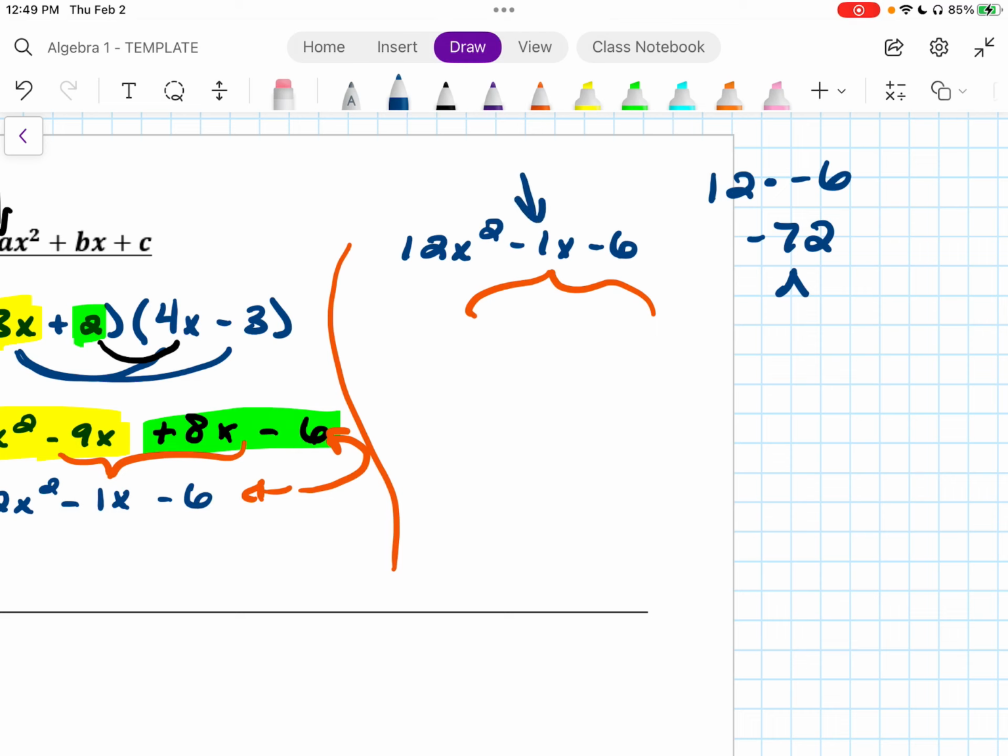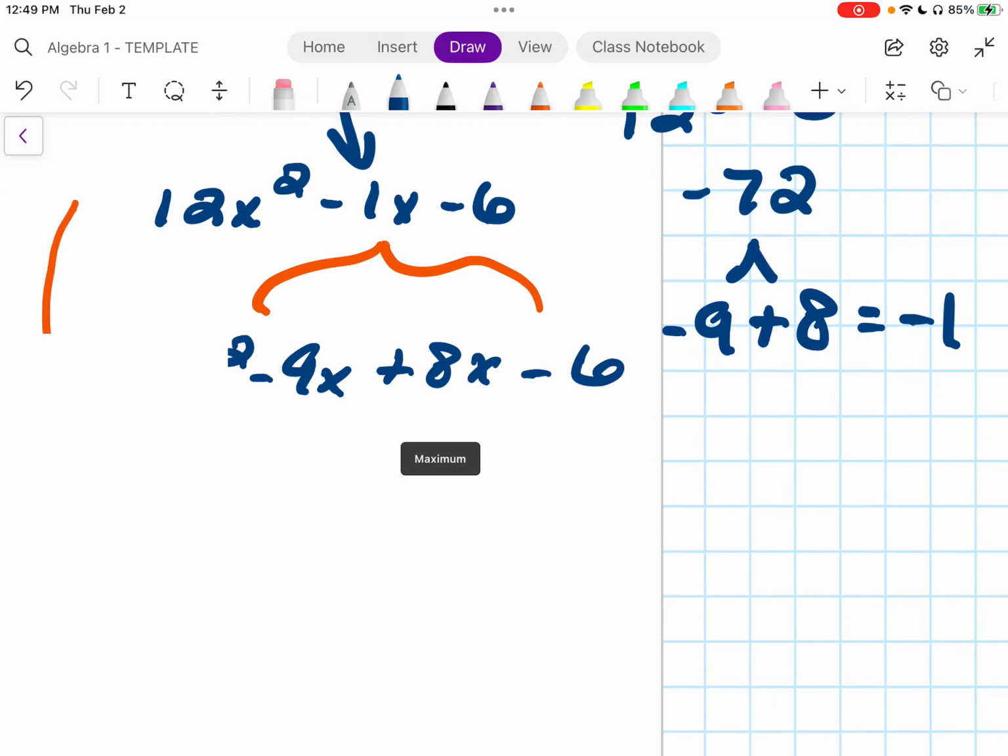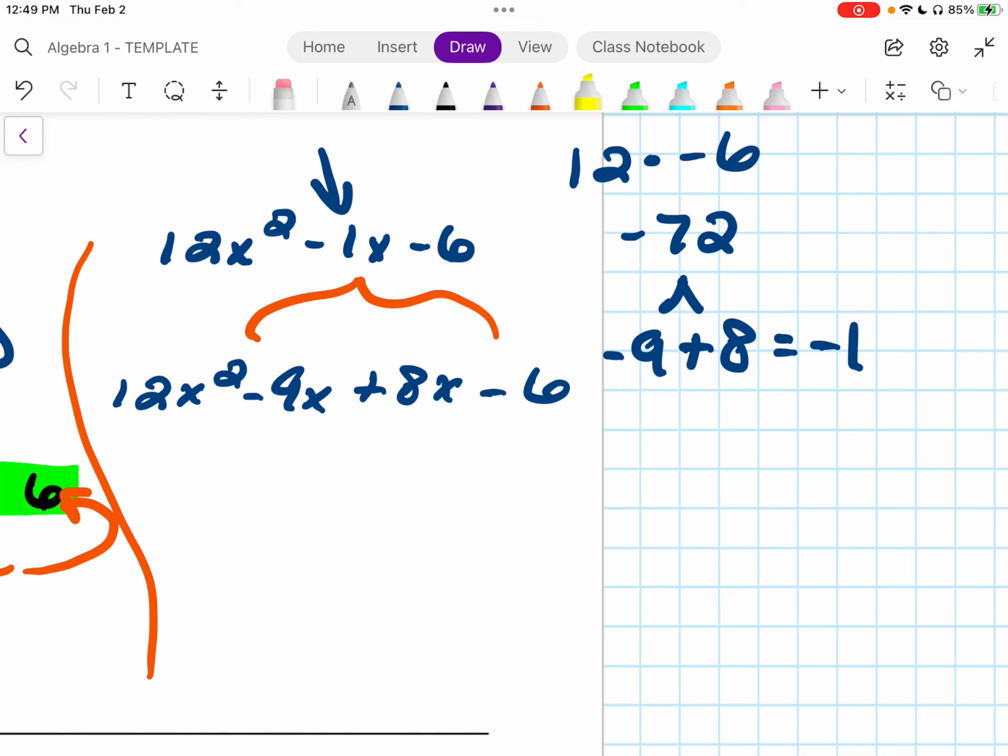It just happens to be that negative 9 plus 8 is negative 1. Negative 9 times 8 is negative 72, and adding up they give negative 1. So this problem would break apart to be 12x squared minus 9x plus 8x minus 6. And now we're not breaking any rules here because these 2 add up to be negative 1.